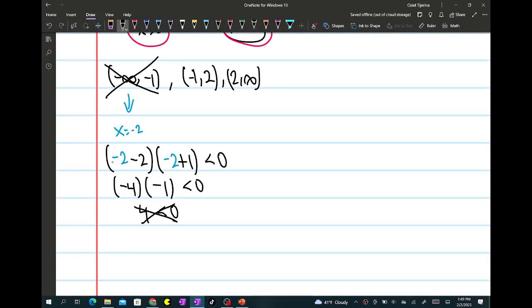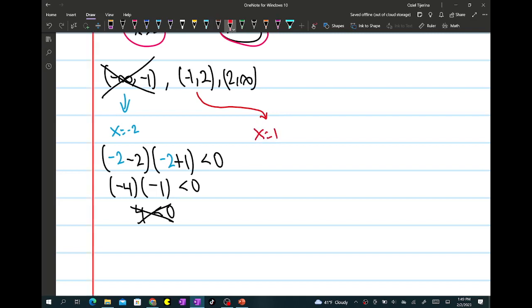So if I grab negative 1 to 2, and let's say I pick a number between negative 1 and 2, so I'm going to pick x equals 0, or actually, let's do x equals 1. I'll do x equals 1.